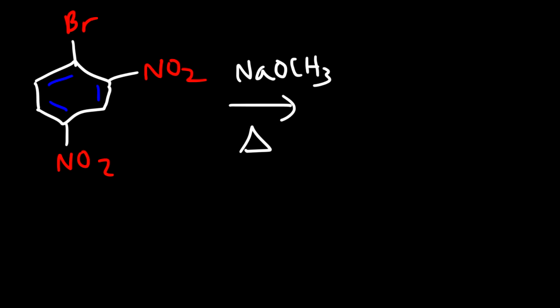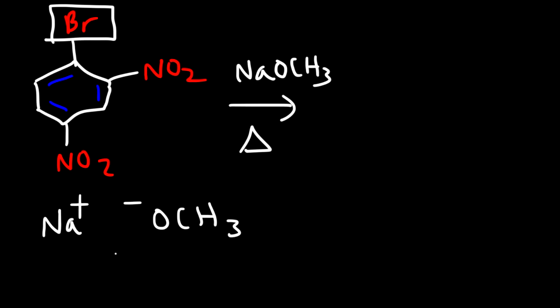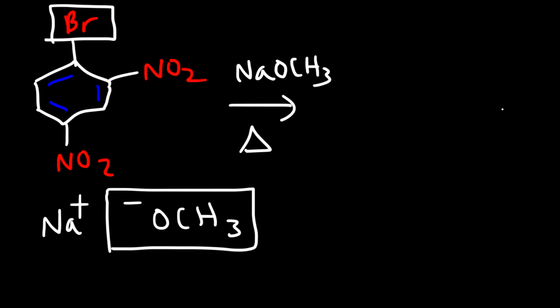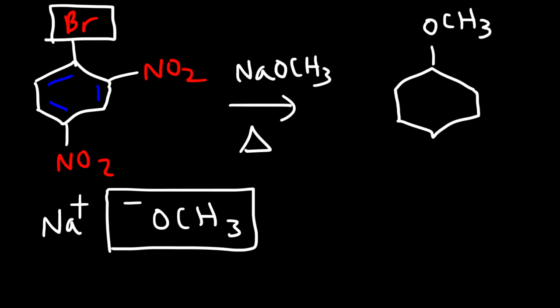The first thing we need to do is identify the nucleophile. And the nucleophile is the methoxide ion. So the net result is that we're going to replace the leaving group with the nucleophile. So we're going to get an ether functional group. And so this is called anisole.